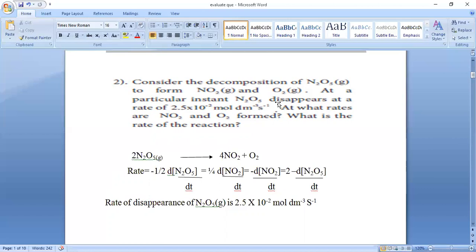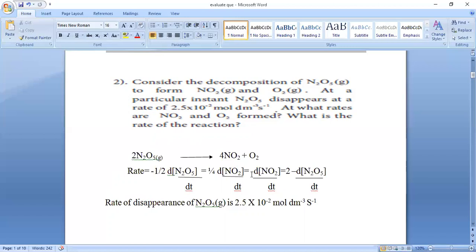And then what is asked here? At the particular instant, N2O5 disappears at the rate of 2.5 into 10 power minus 2 mol per dm³ per second. That is the rate of disappearance of N2O5. Next, they are asking at what rate NO2 and O2 are formed.